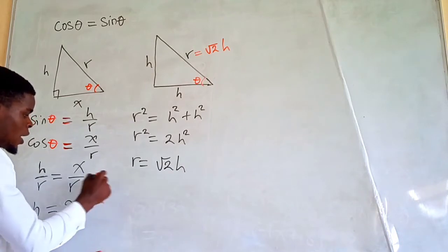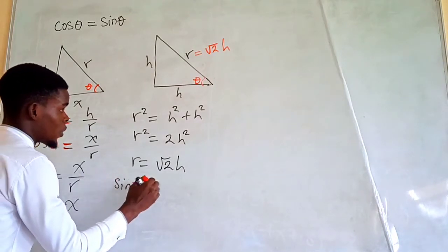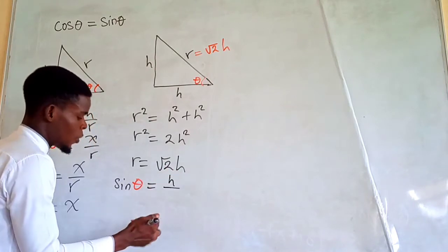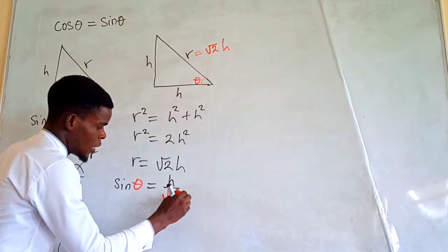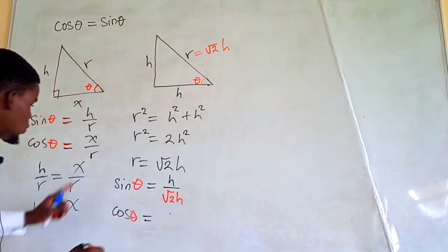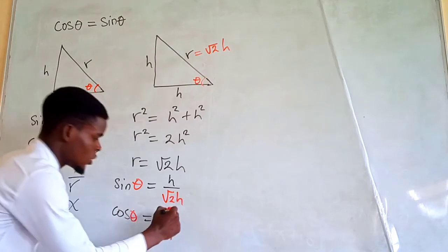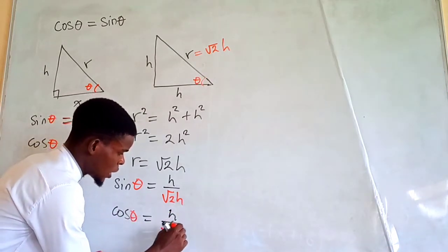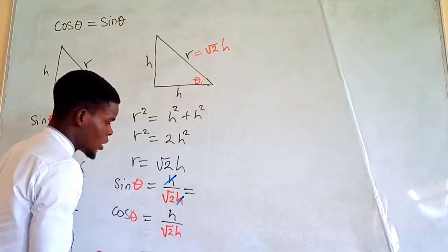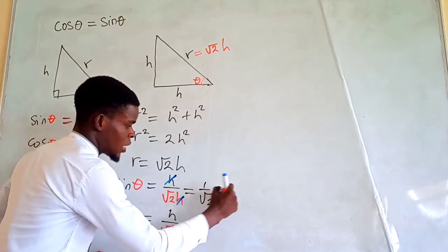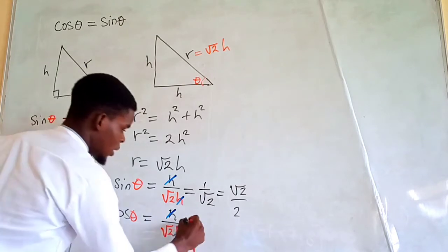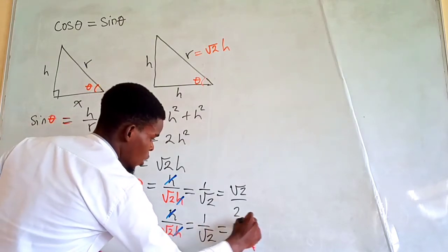Okay, so since that is our r, it means that sine theta will now become h over r, which is h over root 2 times h, and cosine theta is now going to become h, it is x, where h and x are the same, so that will become h over root 2 times h again, and you see that h and h will just cancel out, and we'll end up with just 1 over root 2, which is the same thing as root 2 over 2.